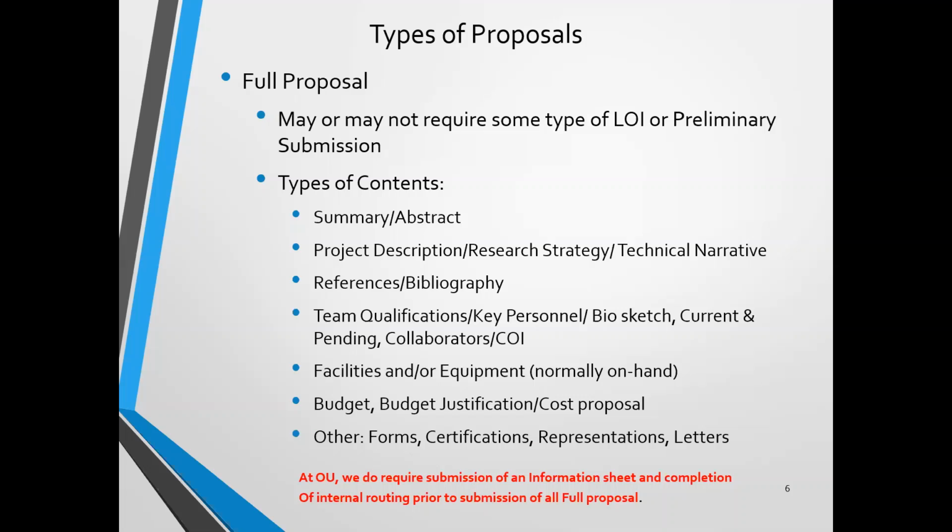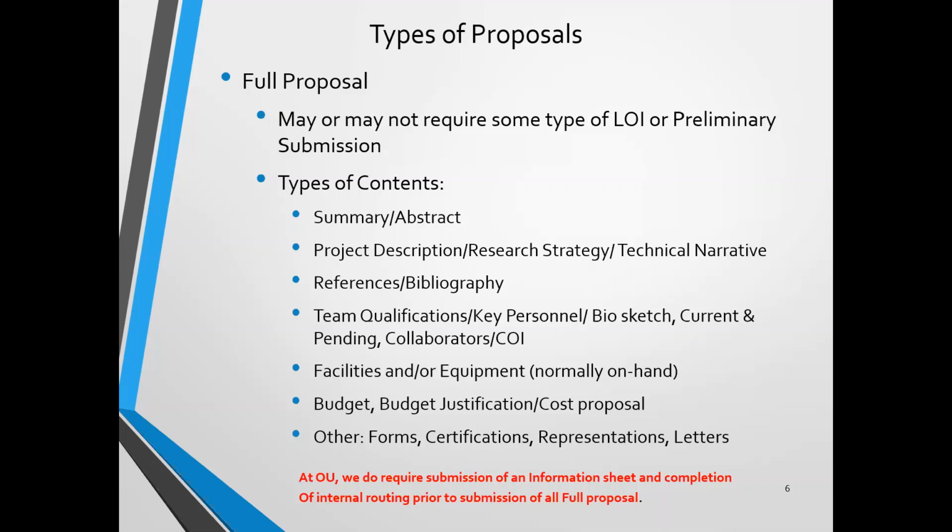References or bibliographies on the key personnel, that you have to say something about your team qualifications, who your key personnel are, that you need to provide bio sketches, current and pending, collaborators, or conflict of interest type information, that they usually want one or more files on facilities and equipment.